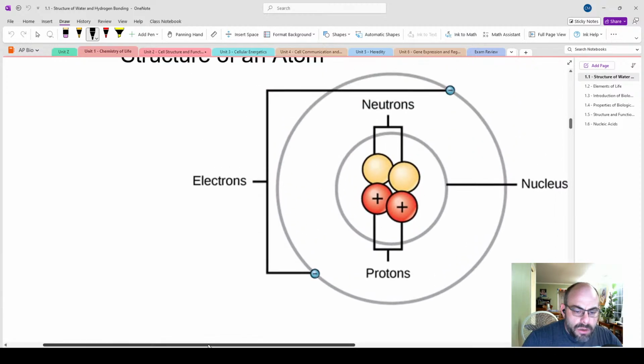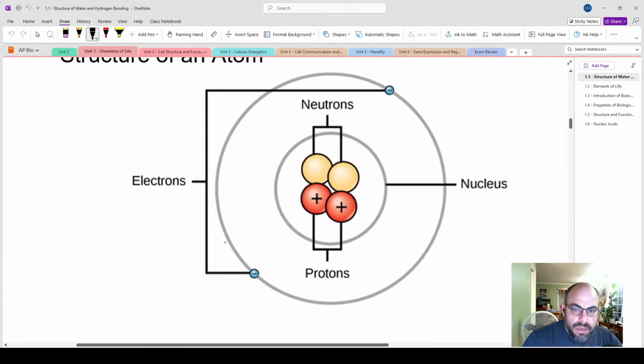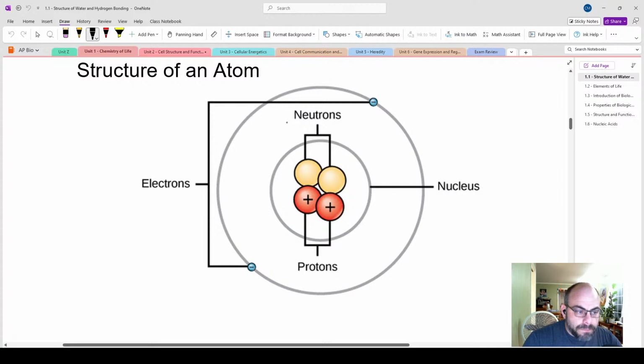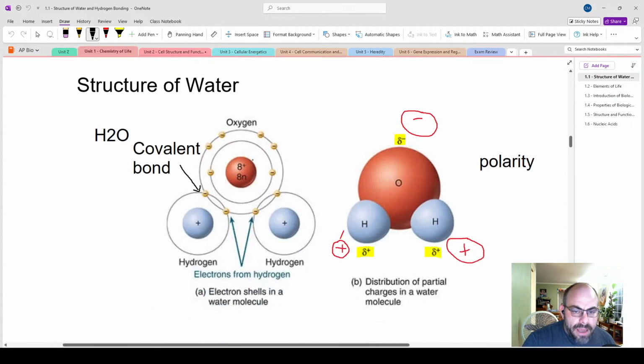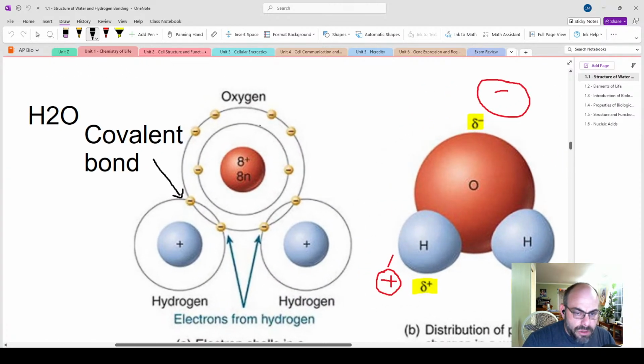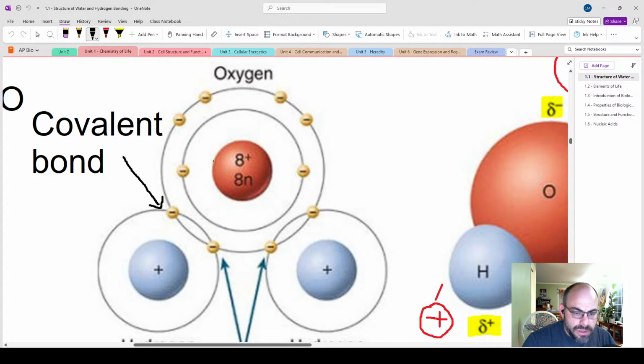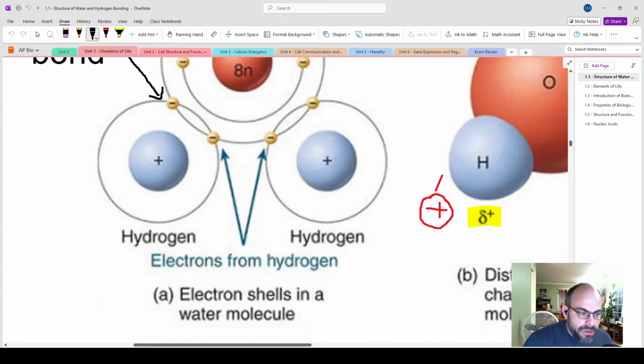Here is a neutral atom, right? So 2 protons, 2 electrons, it's neutral, right? And so this oxygen is also a neutral atom, right? 8 protons, 8 neutrons, 8 electrons. And these hydrogens are also neutral.